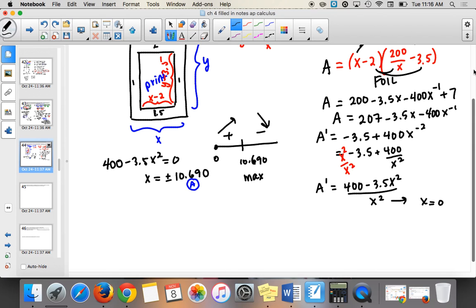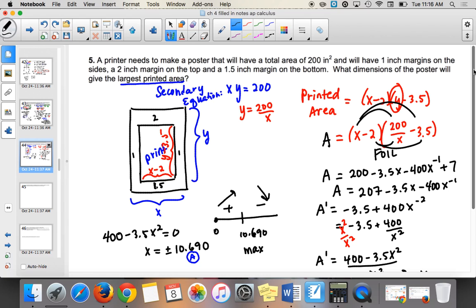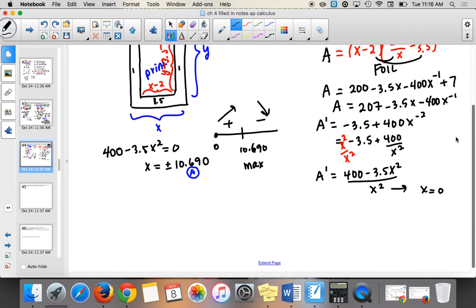All right, so what was the question? What did it ask for? What dimensions? So we have our x. Then go back in and find y. Y was equal to, what was it, 200 over x? So 200 over the 10.690, which we have stored. 18.708, exactly.